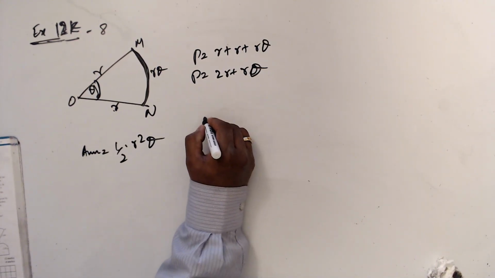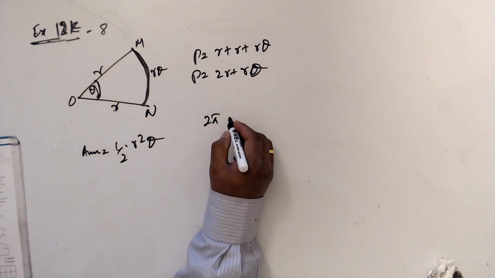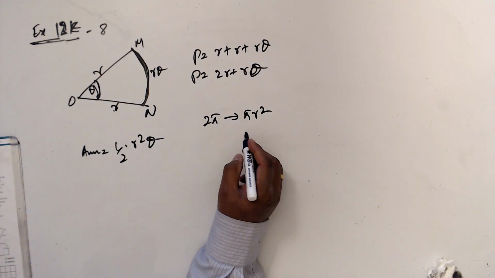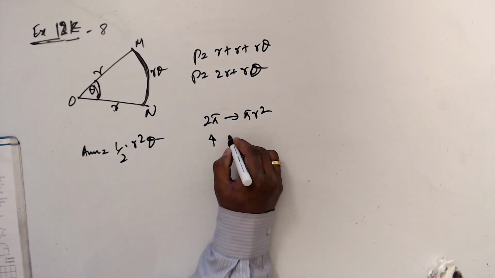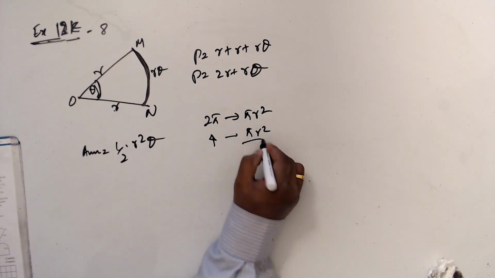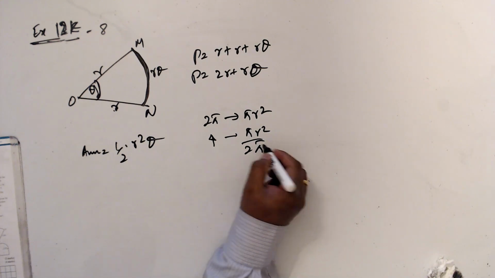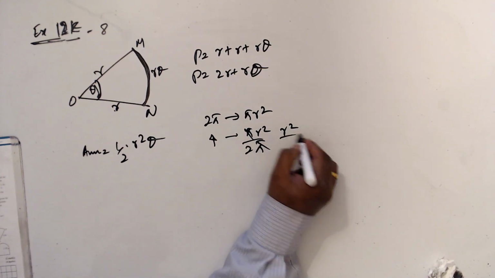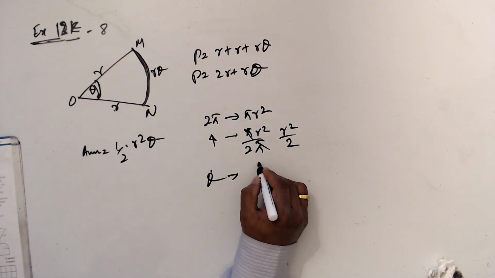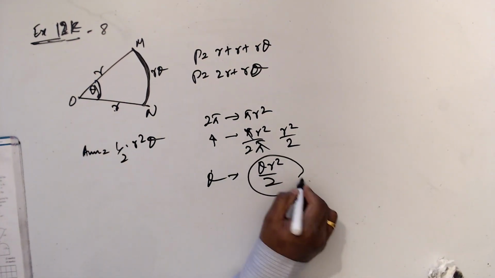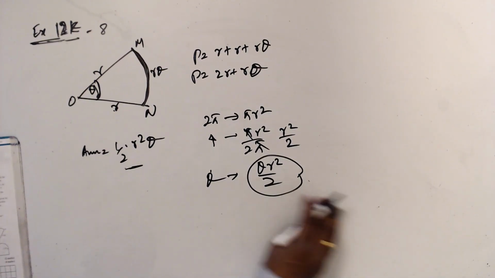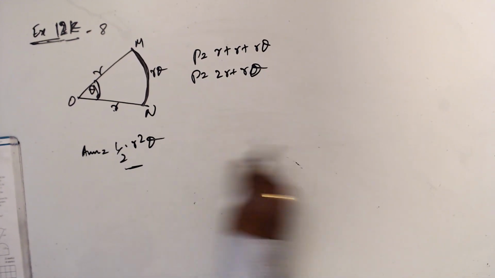If it is 2 pi or 360, it is pi r squared. So for one angle, 1 radian, pi r squared divided by 2 pi. So the pi cancels out, r squared over 2. Then for theta size, theta r squared divided by 2. That is half r squared theta. Very simple thing.